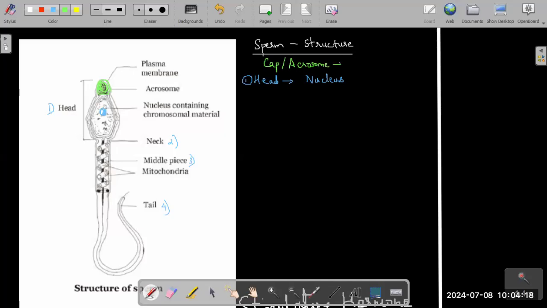The acrosome is filled with enzymes, and to be very specific, the names of the enzymes are hyaluronidase and acrosin. These are together called the sperm lysin.